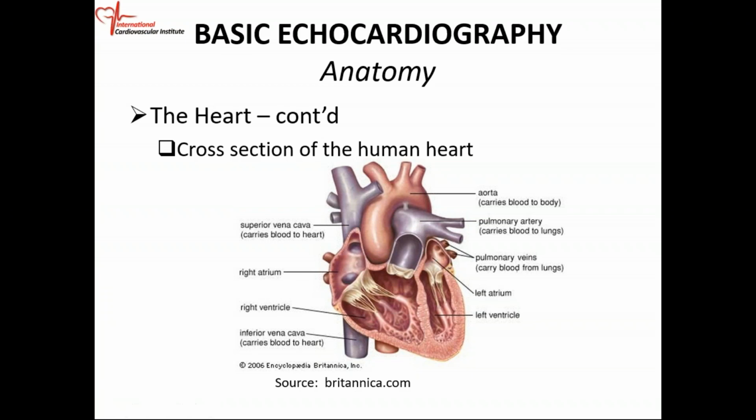The pulmonary veins take oxygenated blood from the lungs, and it's going to dump that oxygenated blood into the left atrium. Then that oxygenated blood is going to pass through the mitral valve into the left ventricle. Okay, so that's a quick overview of the structures and function of the heart.